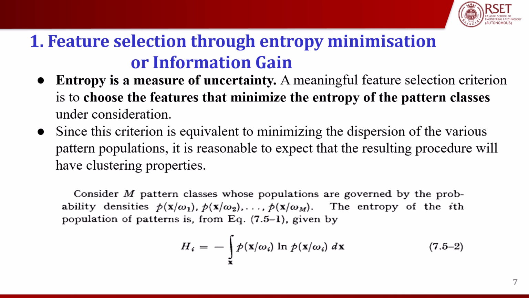It's a conditional probability: given wi, the probability that x would belong to wi, that is p of x given wi. If it is a summation, you can just think minus sigma p log p.